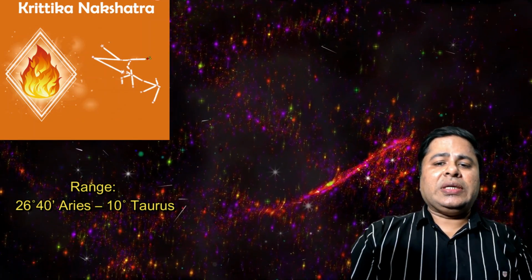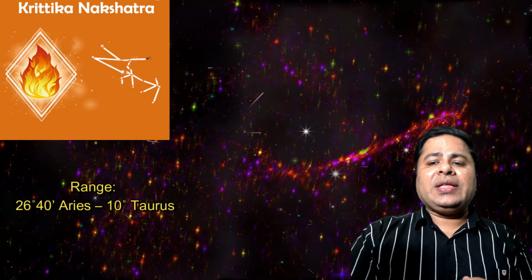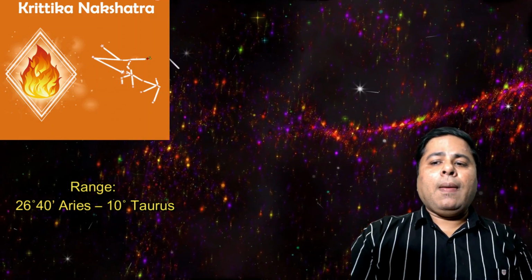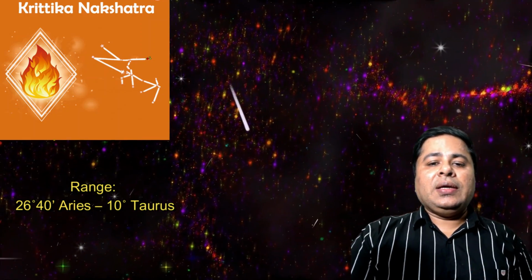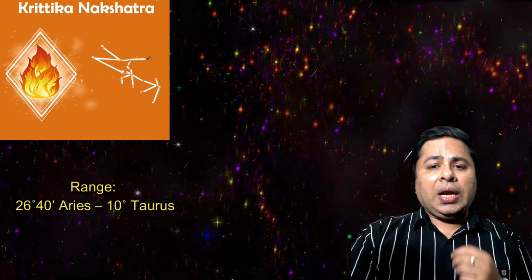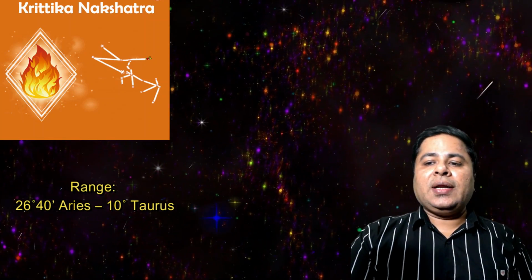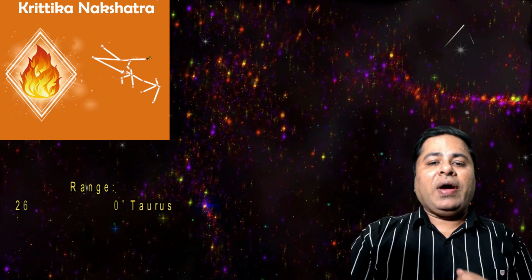As its symbol, the spear, indicates, natives of Krittika nakshatra are very direct, blunt and critical, especially if they fall in the earlier degrees, which come under the influence of two super fiery planets, Sun and Mars. They can be very short tempered, which is generally short lived. Sun makes them noble minded leaders who can take charge of any situation.